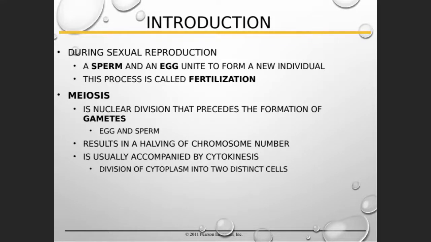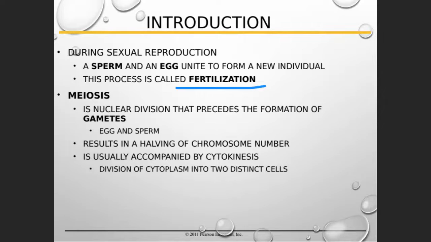So during sexual reproduction, an egg and a sperm unite to form a new individual, and this process is called fertilization, right? Meiosis is that nuclear division that precedes the formation of gametes, eggs and sperm, because you have to get rid of half of the chromosomes. So it results in halving of the chromosome number, or the ploidy number, and is usually accompanied by cytokinesis.